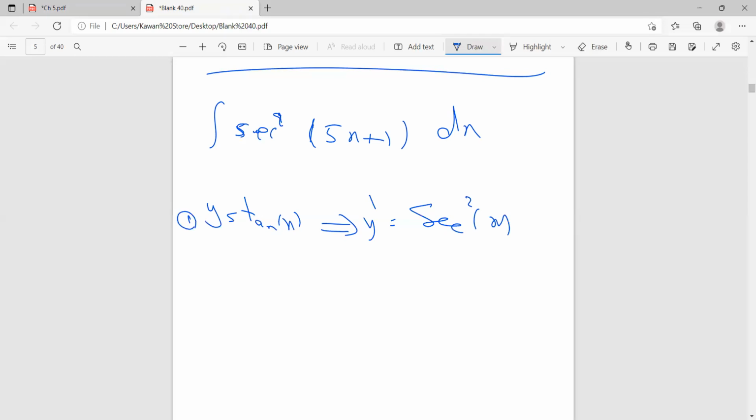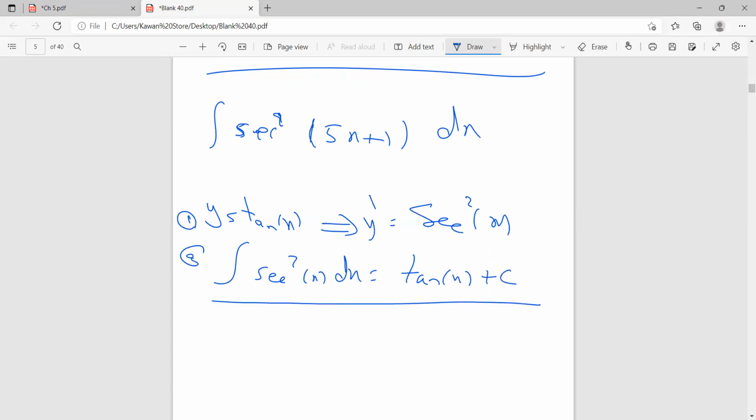The second, you should have knowledge that the integral of secant square of x dx, this is the first time that I mentioned that one, is equal to tan of x plus c. You should have that information, otherwise you cannot solve that one.